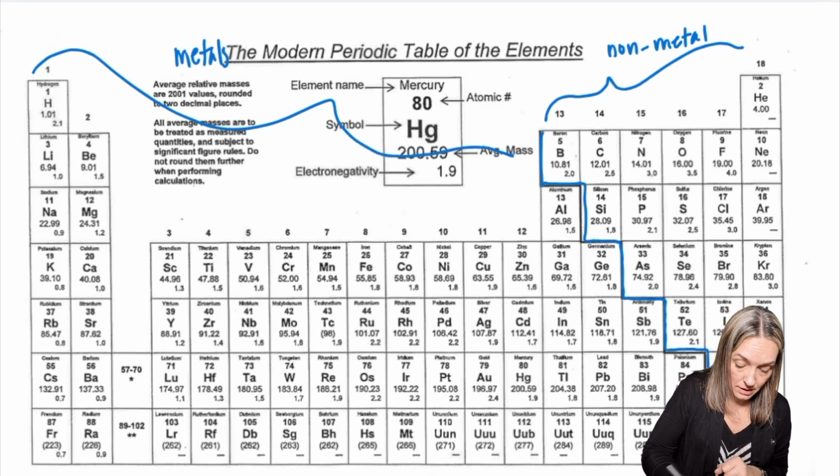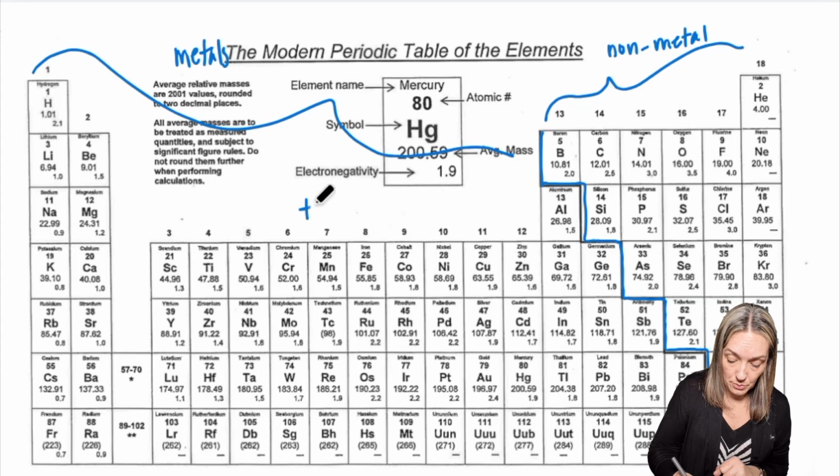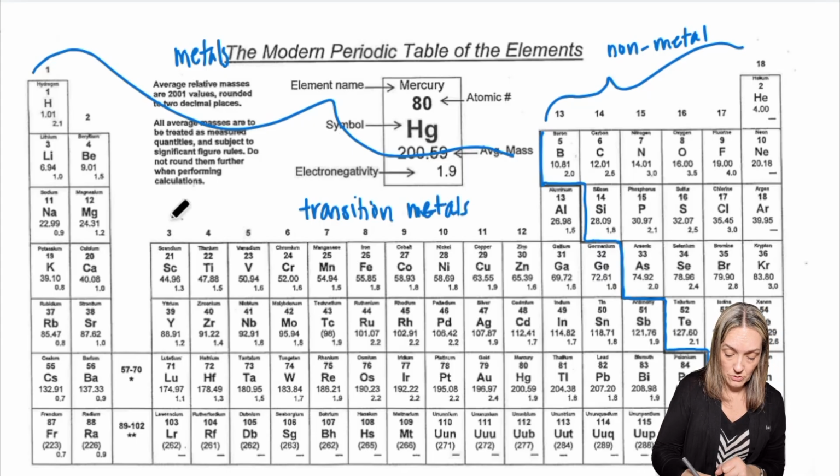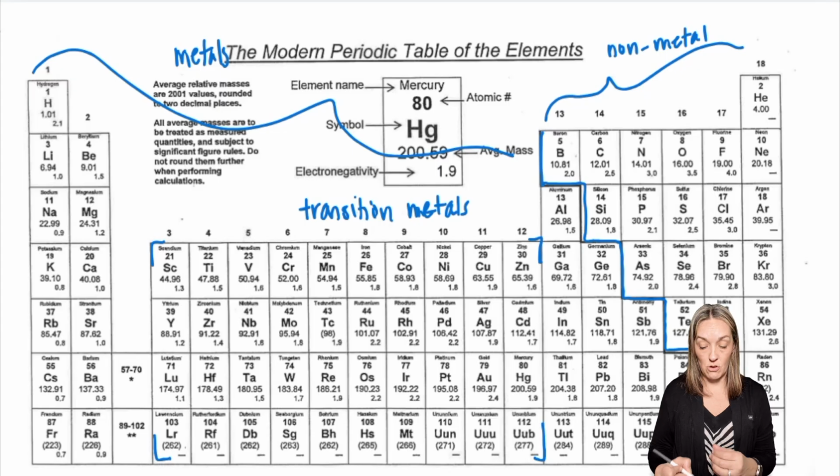These are all metals. It's important to note that these middle ones are called transition metals, because we will have to identify those transition metals when we are naming ionic compounds. The transition metals are found in this middle section here. But whenever we have any metal, transition or not, and a nonmetal, we will have an ionic compound.